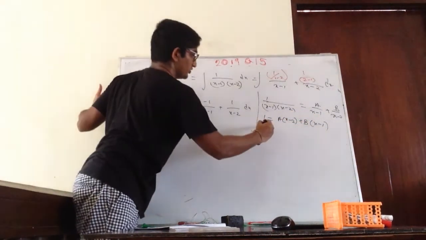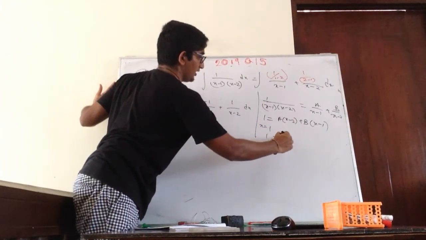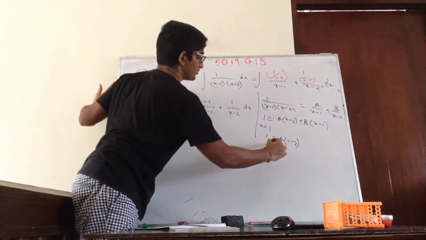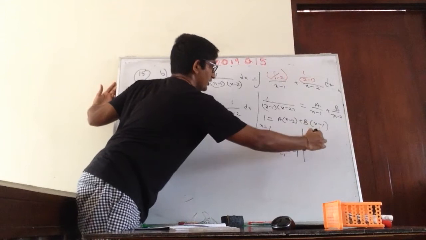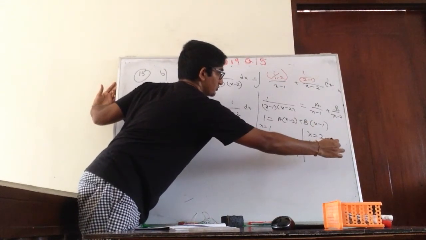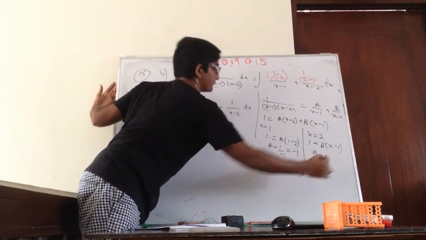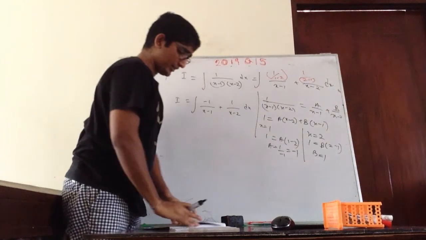So you put x equals 1, it's the same thing. 1 equals a times 1 minus 2, so a is basically 1 over minus 1, which equals minus 1. x equals 2, 1 equals b times 2 minus 1, so b equals 1. So same thing, the shortcut method is this.